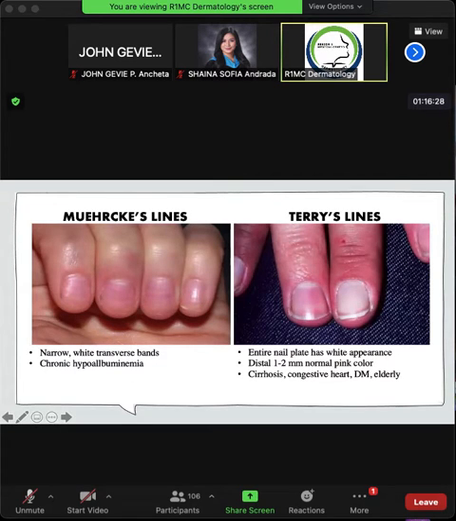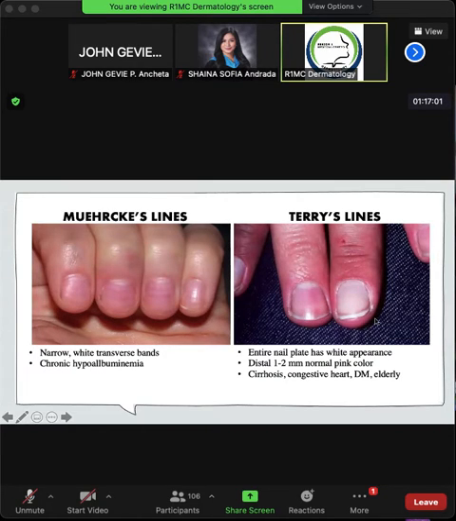So your Muehrcke's line is described as a narrow white transverse band occurring in pairs as a sign of chronic hypoalbuminemia. While your Terry's line is associated with your cirrhosis, congestive heart disease, DM, and your geriatric patients.